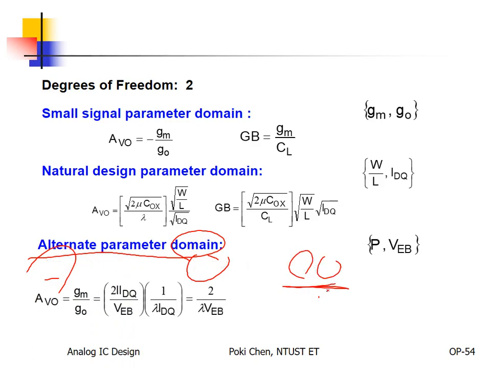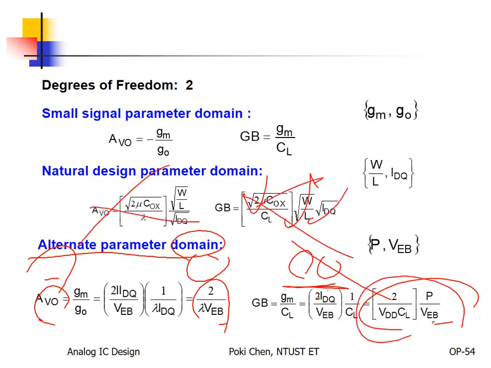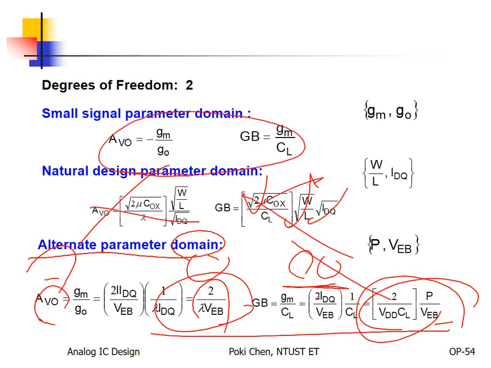For DC gain, it looks also very neat. 非常的简洁. Very, very simple. And how about the bandwidth? Again, much simpler than a square root. Those two are very simple for calculation and for automatic optimization.